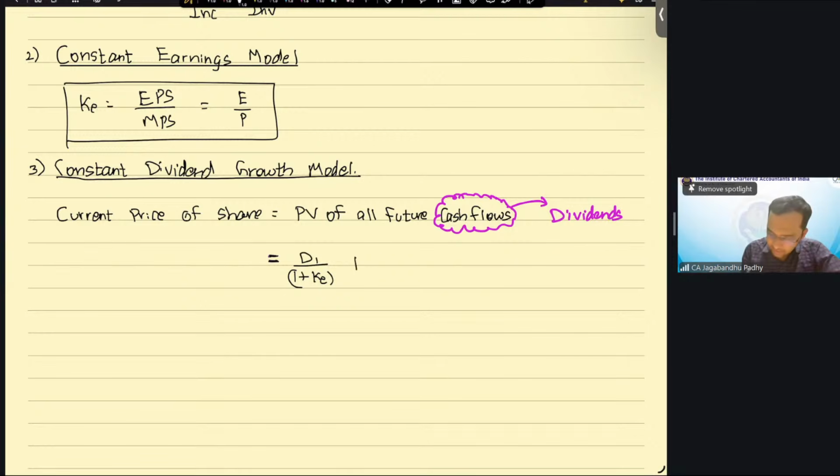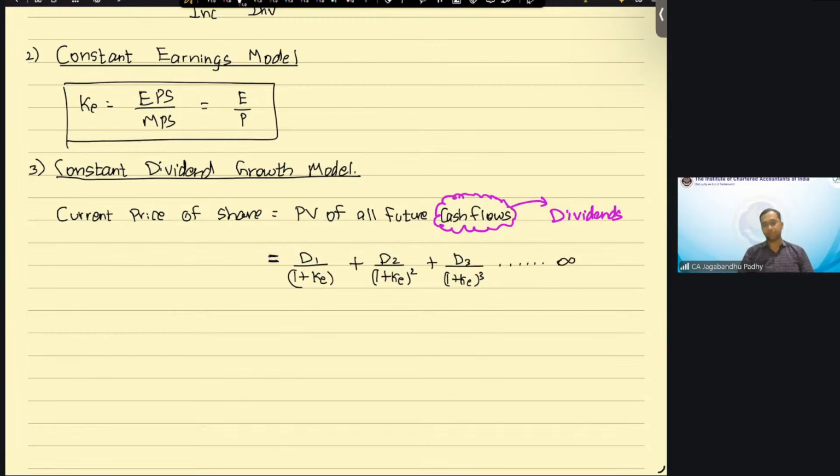D1 upon 1 plus K plus second year dividend upon 1 plus K square plus third year dividend upon 1 plus K cube, and this goes on till perpetuity.